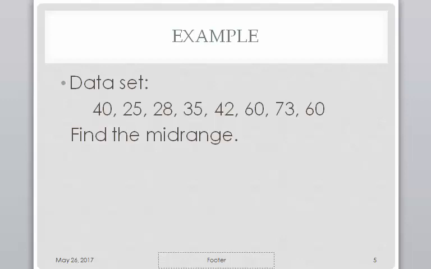And finally, we'll take our data set and calculate the mid-range. Remember that your mid-range is found by taking your lowest value and adding it to your highest value and dividing by 2.